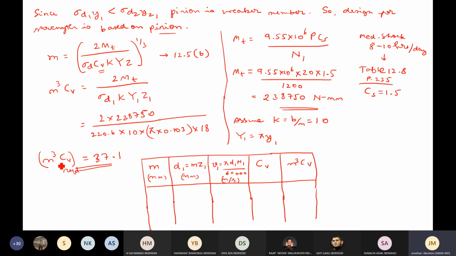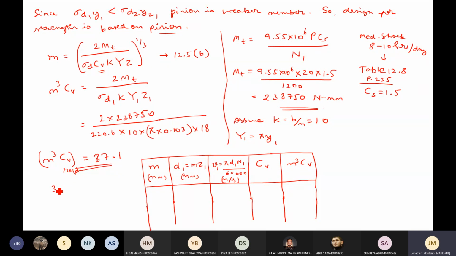So something getting multiplied with this value with cube. So you should be able to have an idea from where you can start solving this. For example, if you use 3 here for module, 3 cube is 27. 27 into something of lesser than 1 will definitely make it to come lesser than 37.1, correct?